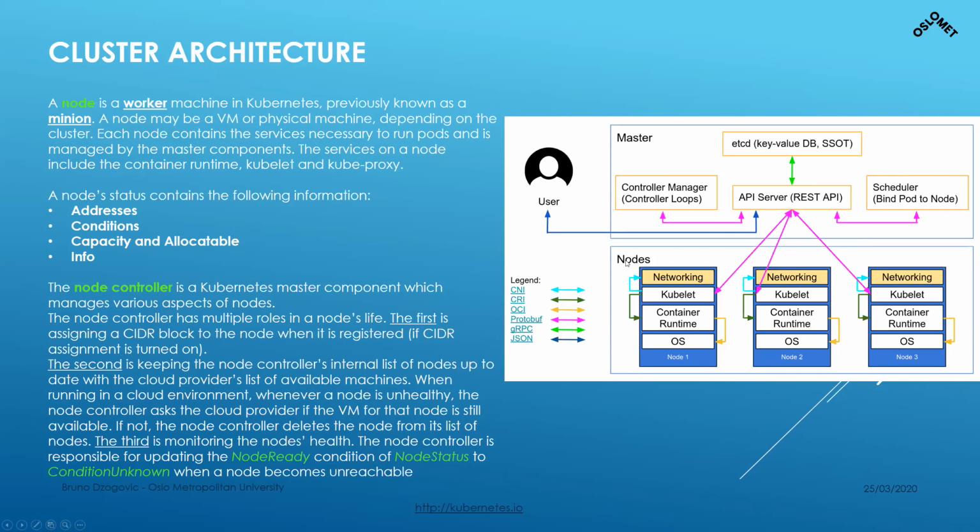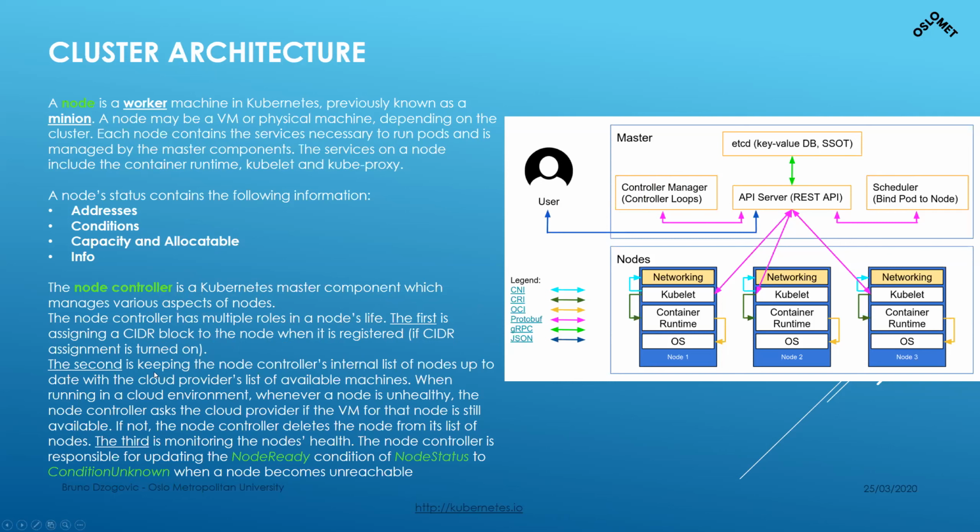The node controller is a Kubernetes master component which manages various aspects of nodes, like the Puppet master in Puppet, something similar. One is assigning CIDR blocks, the IP address blocks.